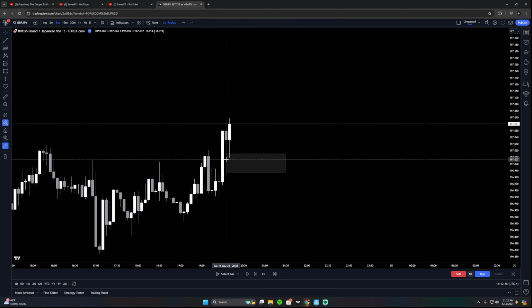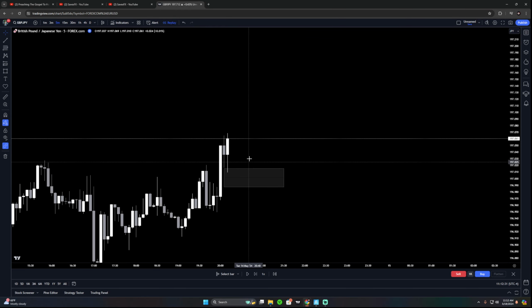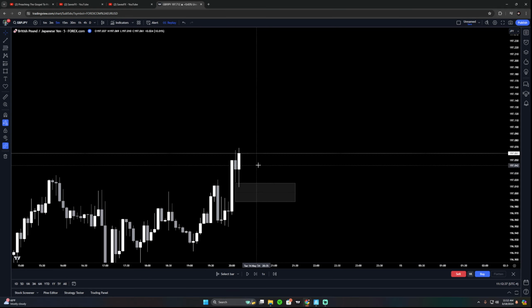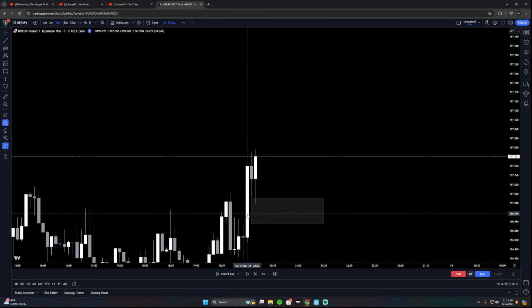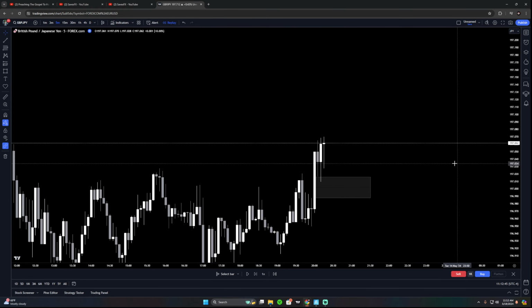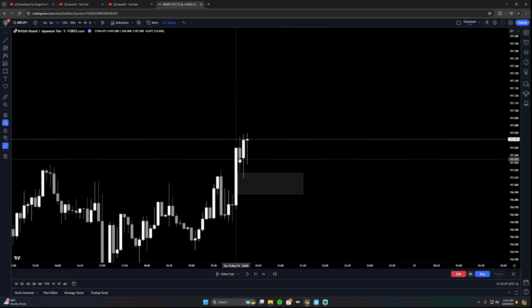And we see price pushes into the fair value gap, which is good. Now we have to see price push out of it. We have to see a bullish candle, an up candle, come out of this. As you can see, we do. So this would be a respected fair value gap.